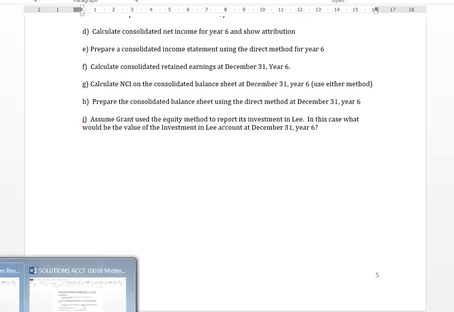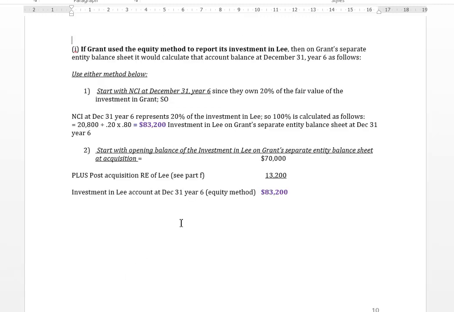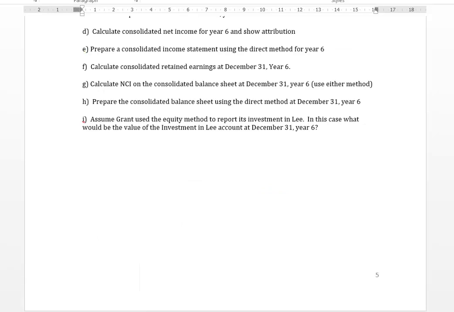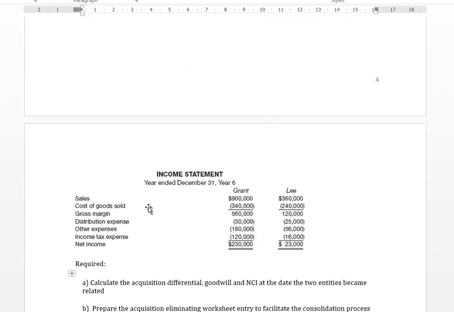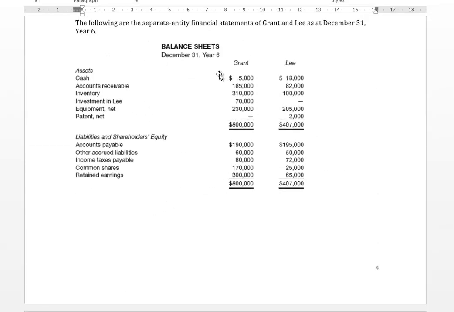Now, you'll remember that under the cost method, the investment would stay on Grant's books at the original purchase price paid, which is $70,000. We can actually see that in the question if we go back up here. On Grant's separate entity balance sheet, the investment in Lee is staying at cost.